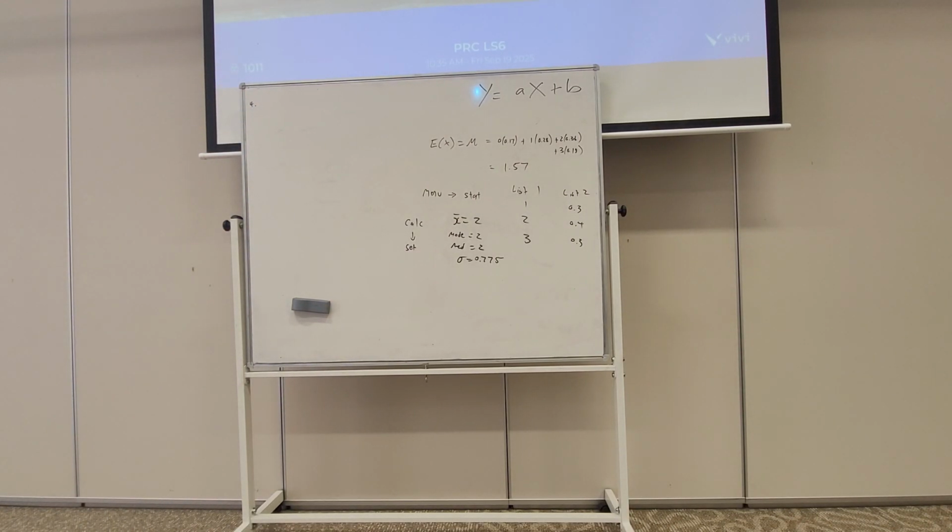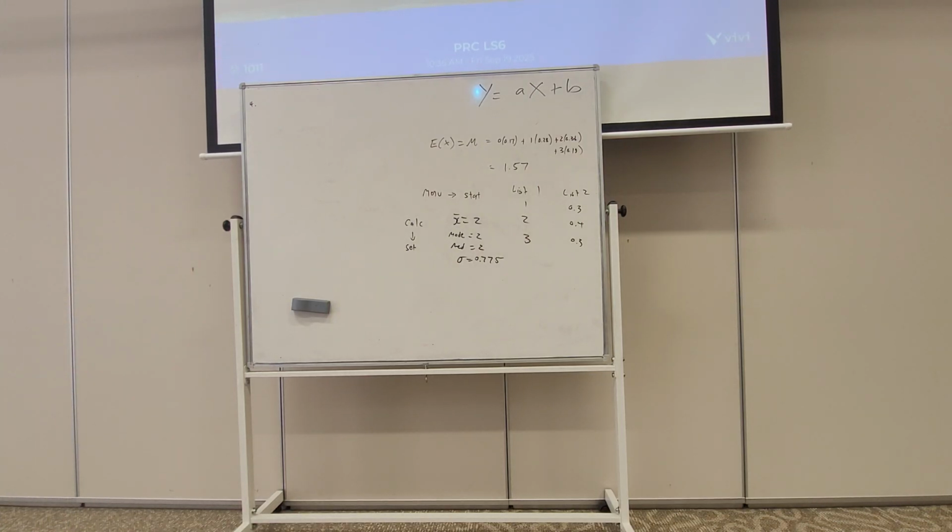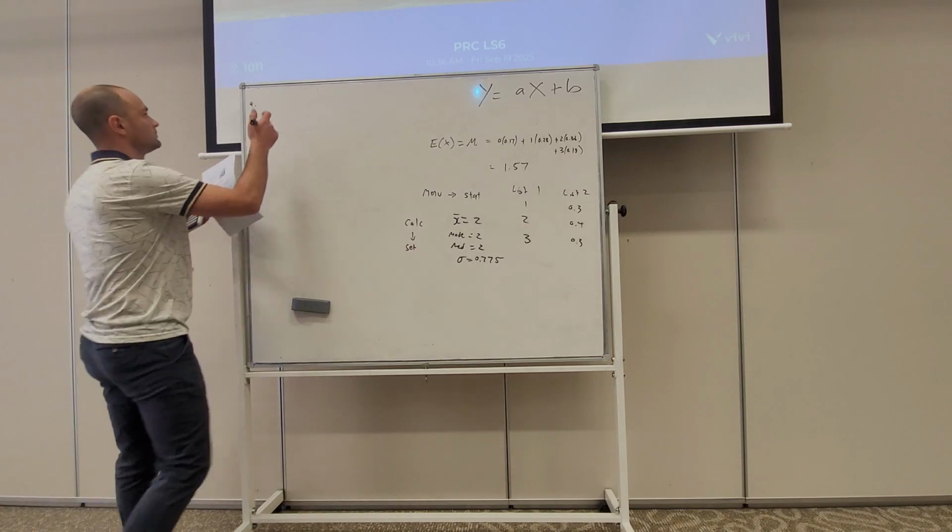And we'll input the events. We have either 0, 1, 2, 3, 4, 5. And for probabilities, so our mean is 1.61.